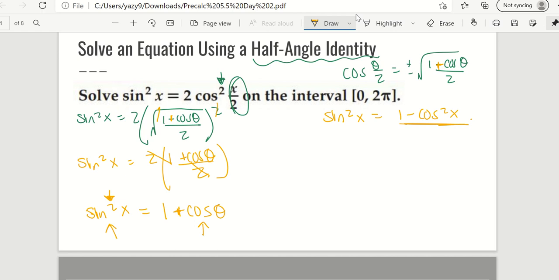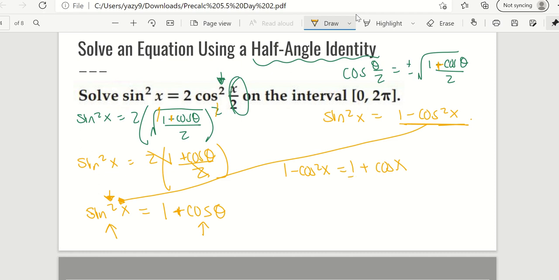So I'm going to use that to replace this, and then I have it all in one term. I have cosine here, and I'll have cosine here. So 1 minus cosine squared of x is equal to 1 plus cosine of, oh, I just noticed I'm using x and theta at the same time. So I'm just going to switch over to x.